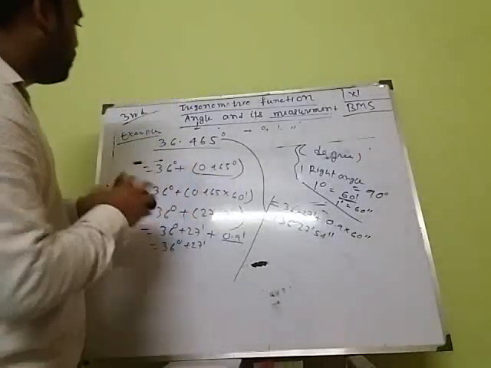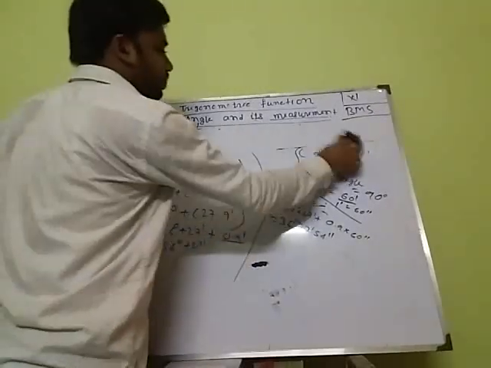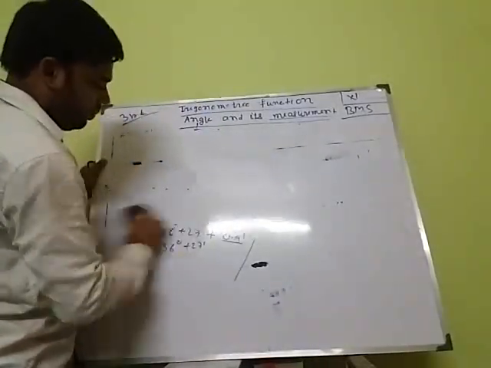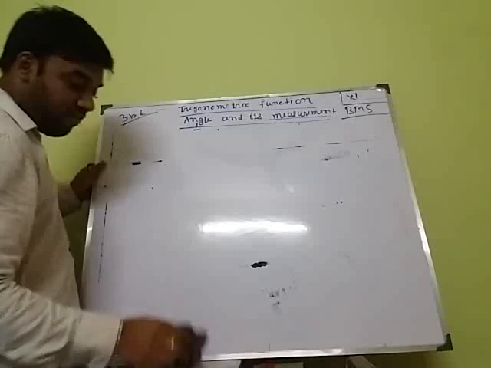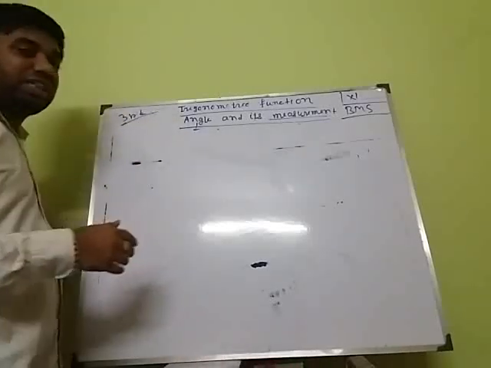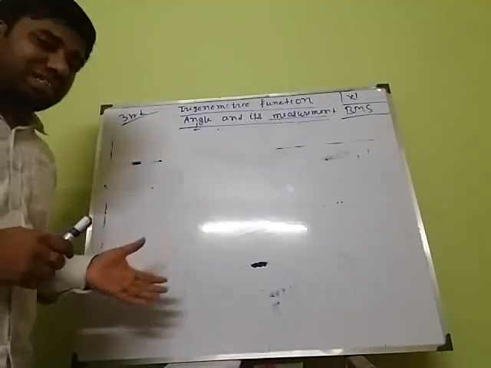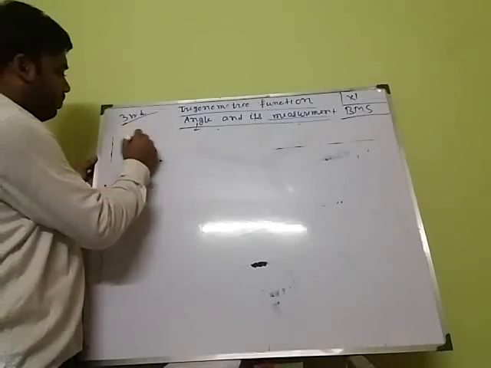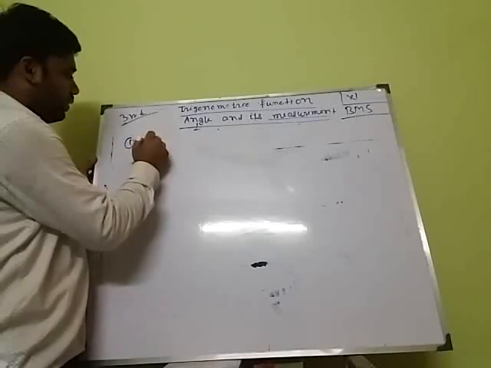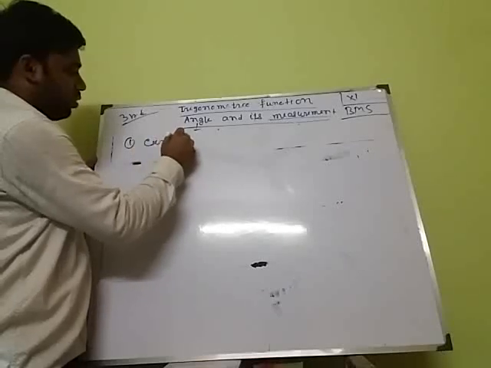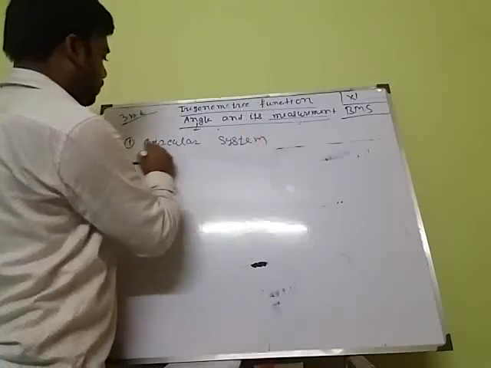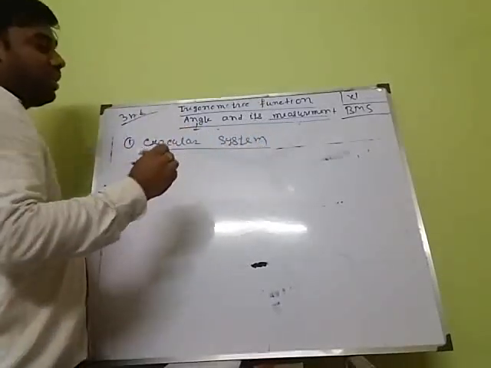The next system is the French system. In the French system, the unit is grade. Okay, we will discuss it later. And the third system is the circular system.